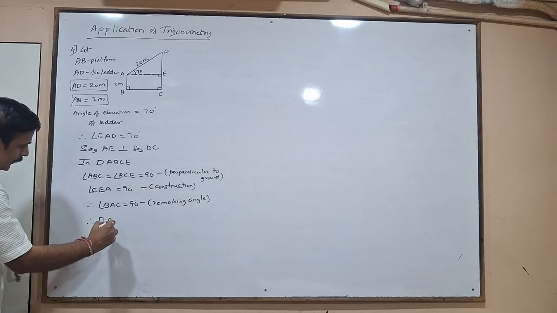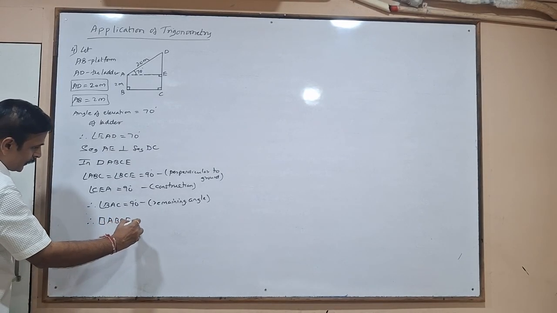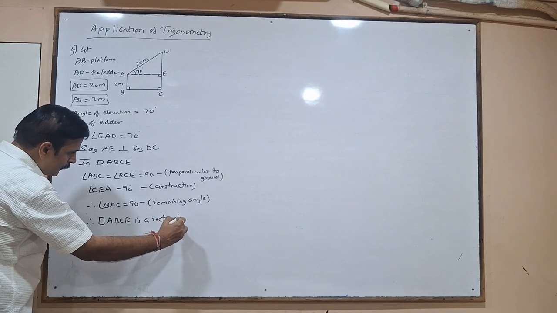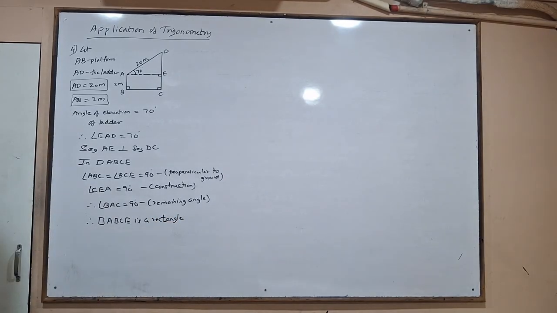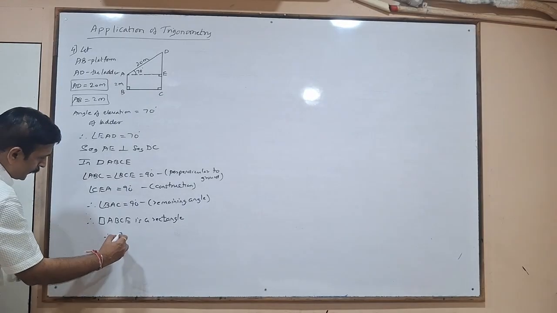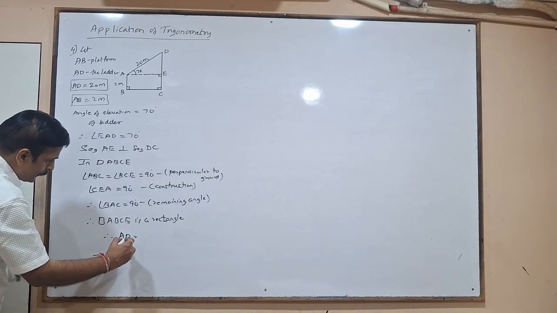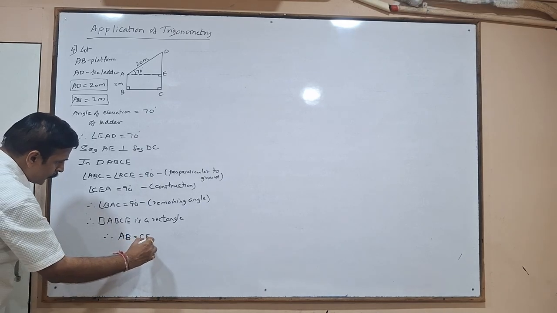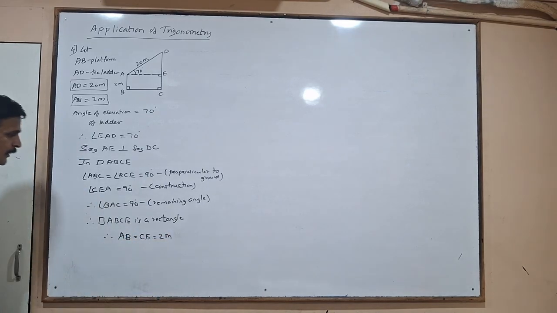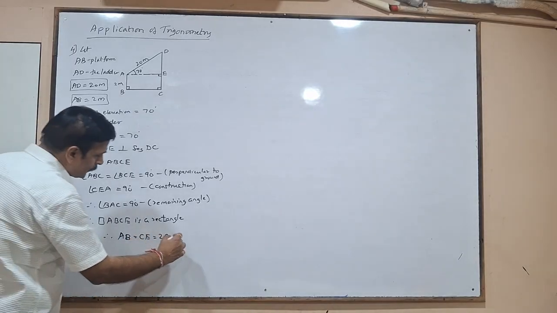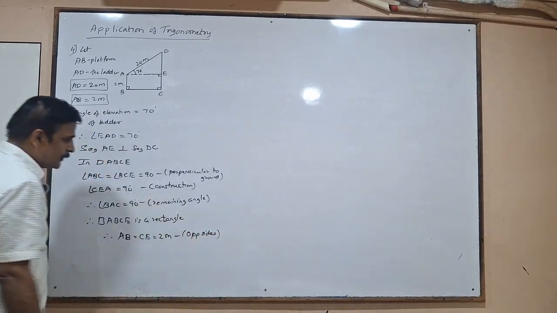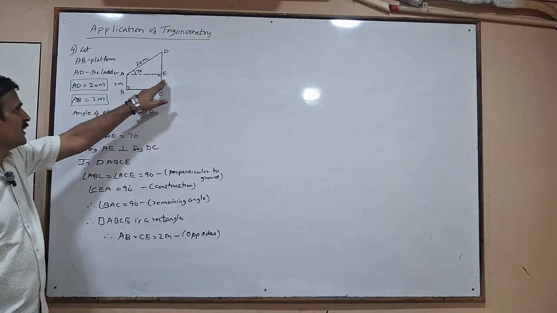So quadrilateral ABCE is a rectangle. Therefore AB is equal to CE is equal to 2 meter. Opposite sides. We know CE now.